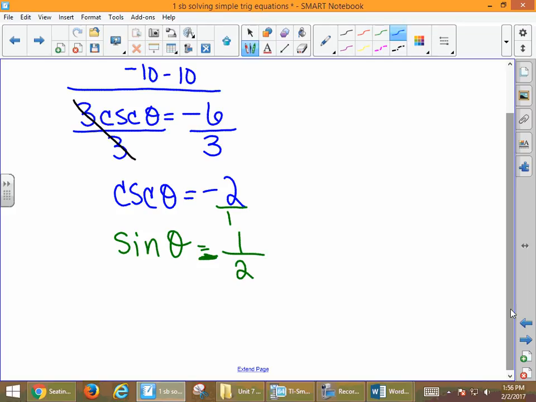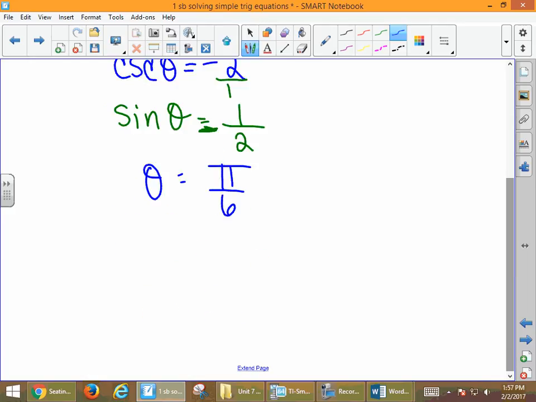So we just worked with a problem that had sine of theta equals plus or minus. So we know that theta is going to be in terms of pi over 6, but is pi over 6 going to be one of our solutions to our equation? No, because it's negative. But what quadrants is sine or cosecant negative in? 3, 4. Okay.